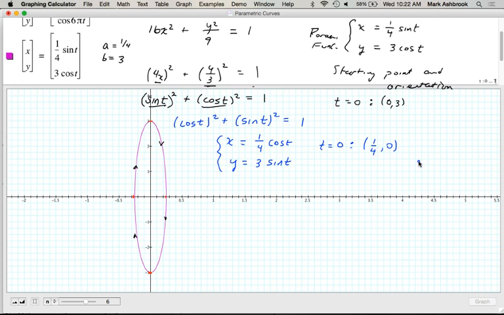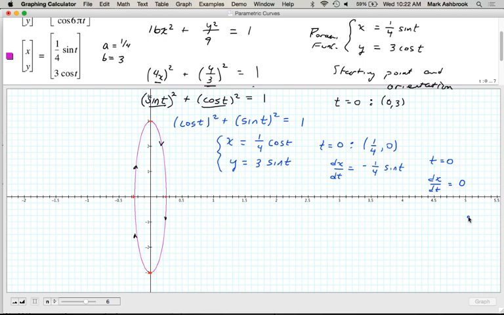They do make the same set of points, and that's how they're the same. They're different in the way that they do it. What's the orientation of this one? So we can come here and do dx/dt equals what? Negative 1/4 sine t. At t equals 0, dx/dt is 0.